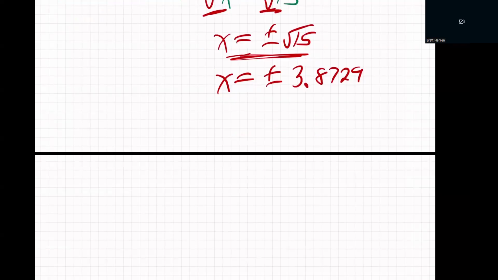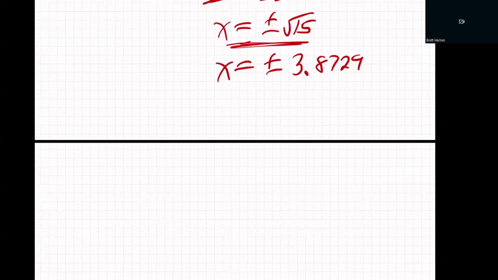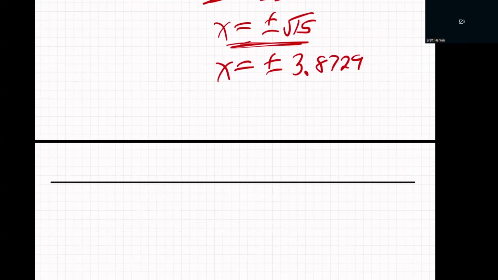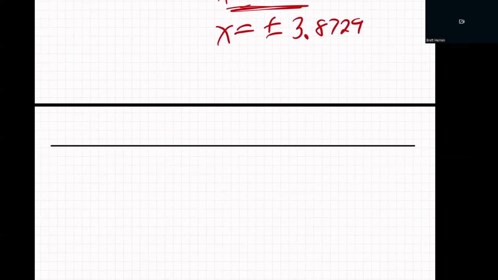So now we got to take these to the number line. I'm going to do a big old number line and I'm going to put all three answers in their actual numerical order, meaning the negative 3.8729 comes first, then the 0, and the positive 3.8729, right?